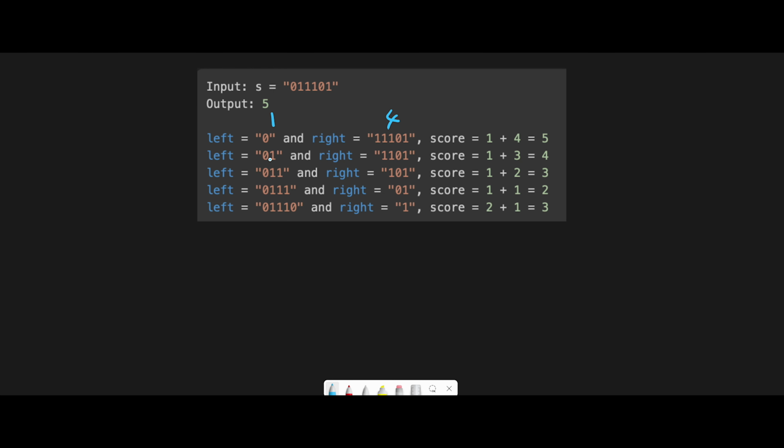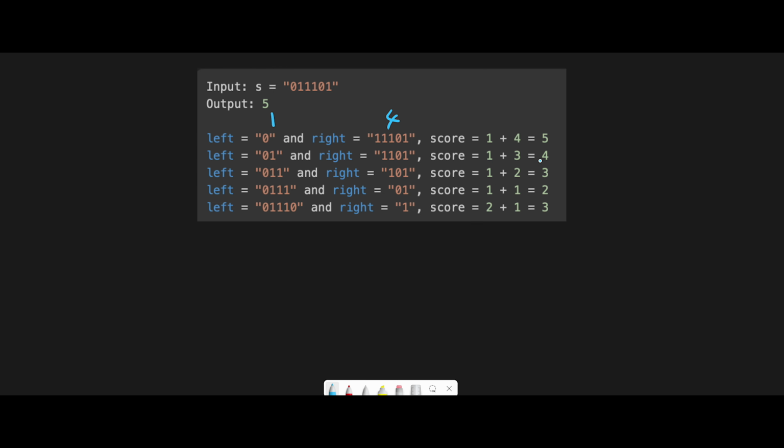Look at the second case. The left substring is 0, 1. So what is the score? 1, right? Because we have only one 0 on the left side. Actually, it's the same as the first case. But look at the total score, 4, right? In the end, we will get 5 in the first case, but in this case 4.